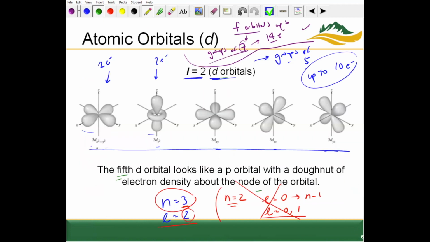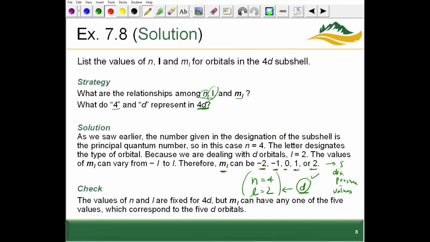Well, here there's 1, 2, 3, 4, 5. These all correlate to minus 2, minus 1, 0, 1, and 2 for the m sub L values we just figured out in that practice problem. So 5 different possible values make sense for d-shaped orbitals, where there are 5 different shaped d orbitals. D orbitals come in groups of 5. That 5 here should reflect all the possible m sub L values.